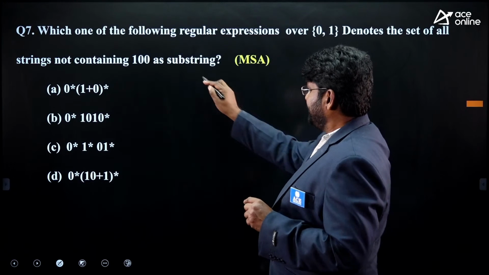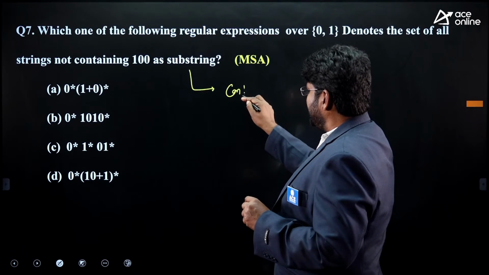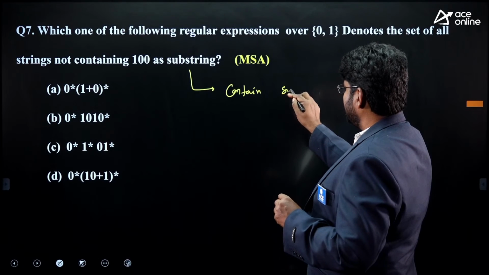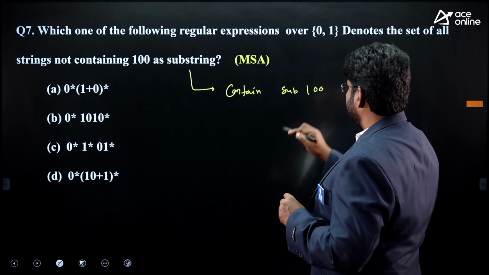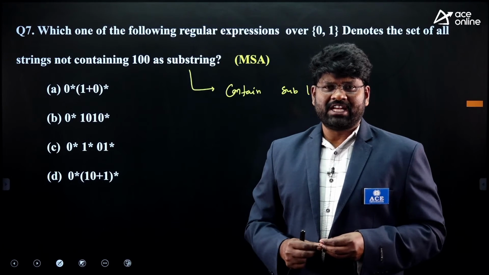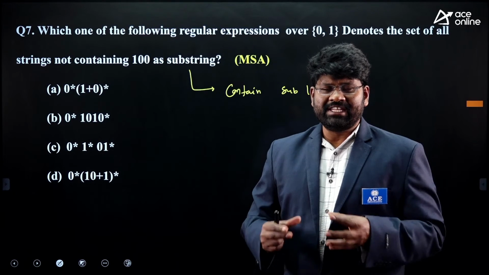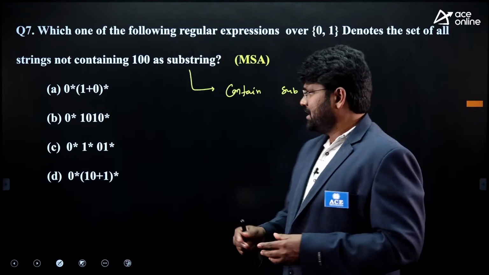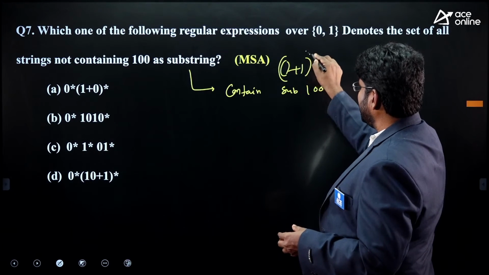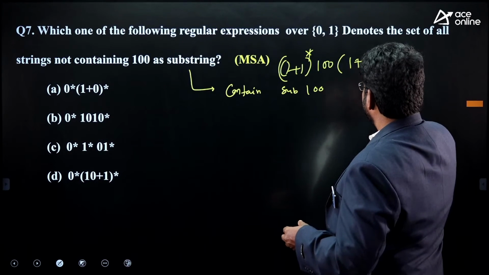If you think about it, this problem is a complementary language of the one containing the substring 1, 0, 0. If I asked you to determine the regular expression to produce all the strings containing the substring 1, 0, 0, you would write (0 plus 1) whole star 1, 0, 0 (1 plus 0) whole star.